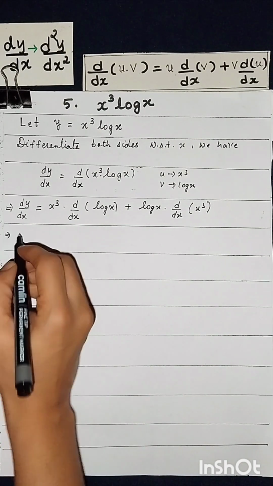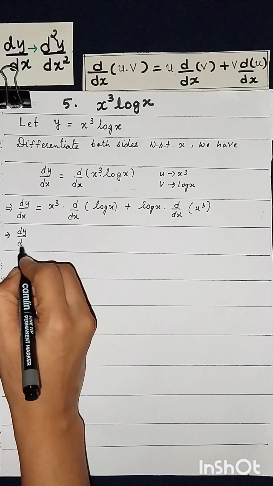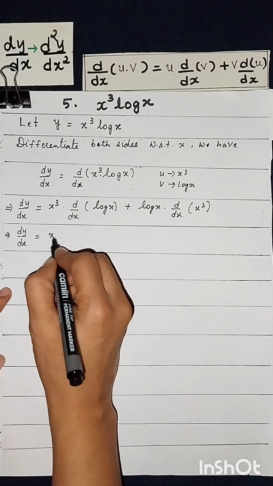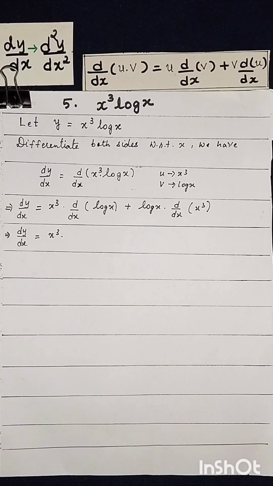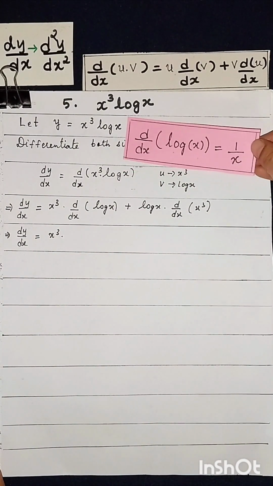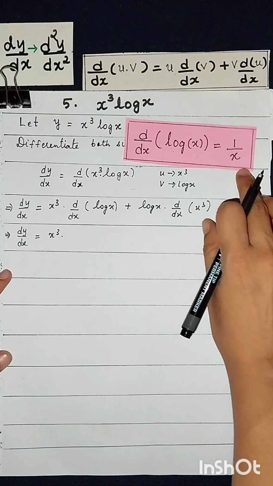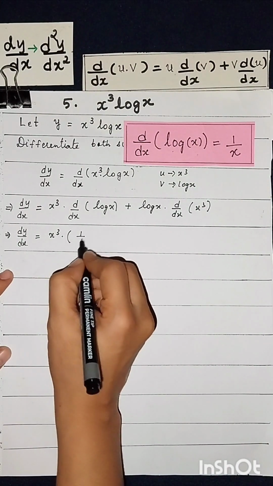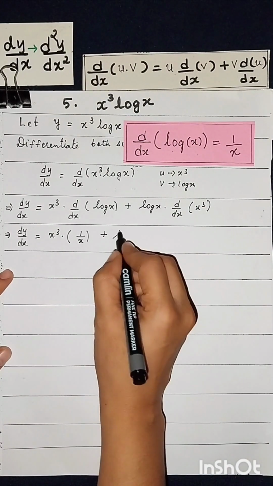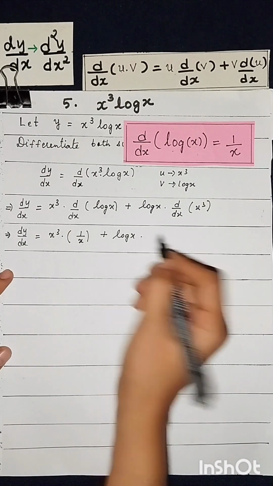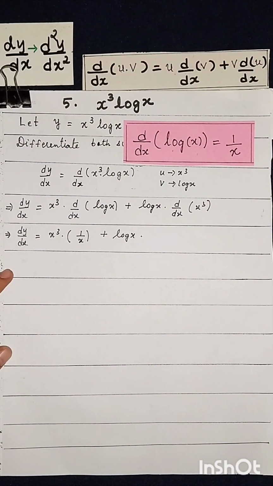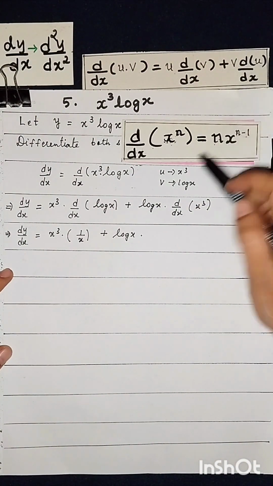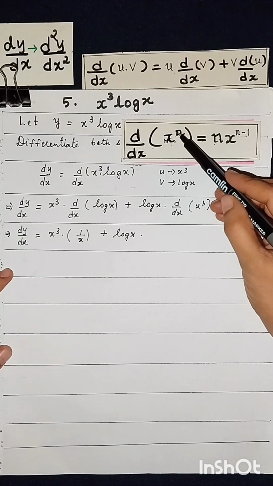Now this implies dy by dx is equal to x cube into, so what is the derivative of log x? The derivative of log x is 1 by x plus log x into derivative of x cube. We will apply x power n rule, x cube.